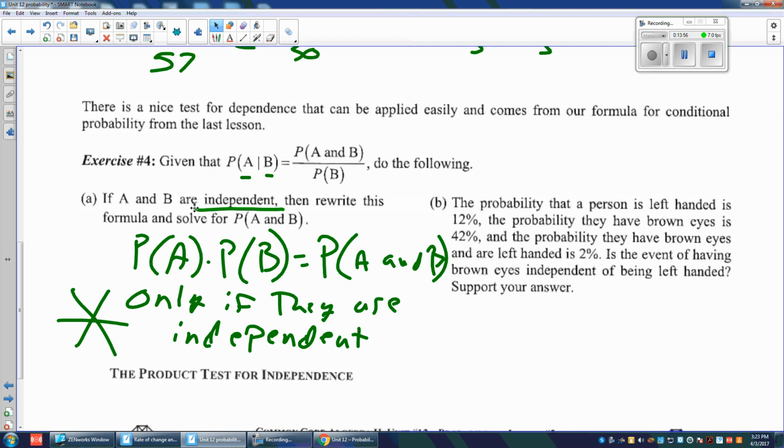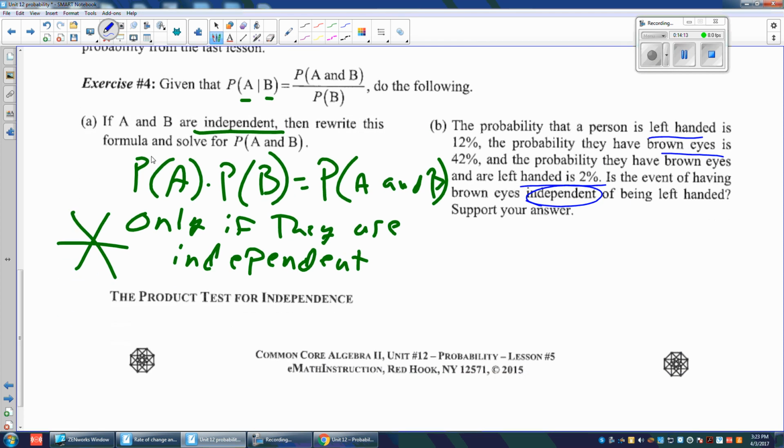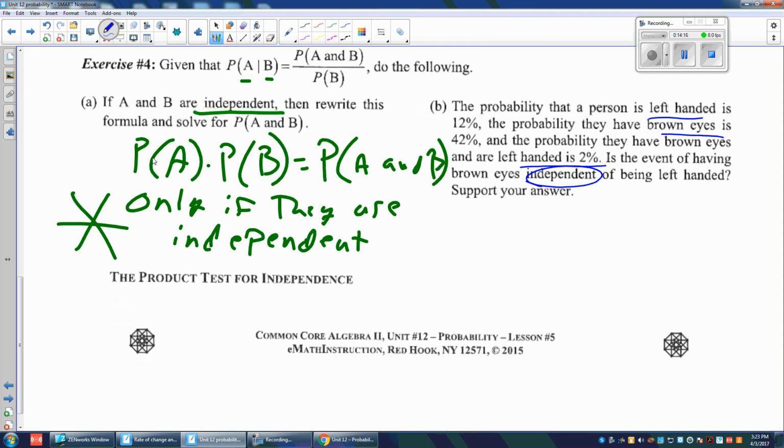So, if the probability the person is left-handed and the probability they have brown eyes, the probability they are both is 2%. Are they independent? This proof, this formula over here on the left-hand side, must be true. The probability that they're left-handed times the probability that they have brown eyes has to equal the probability of L and BR.